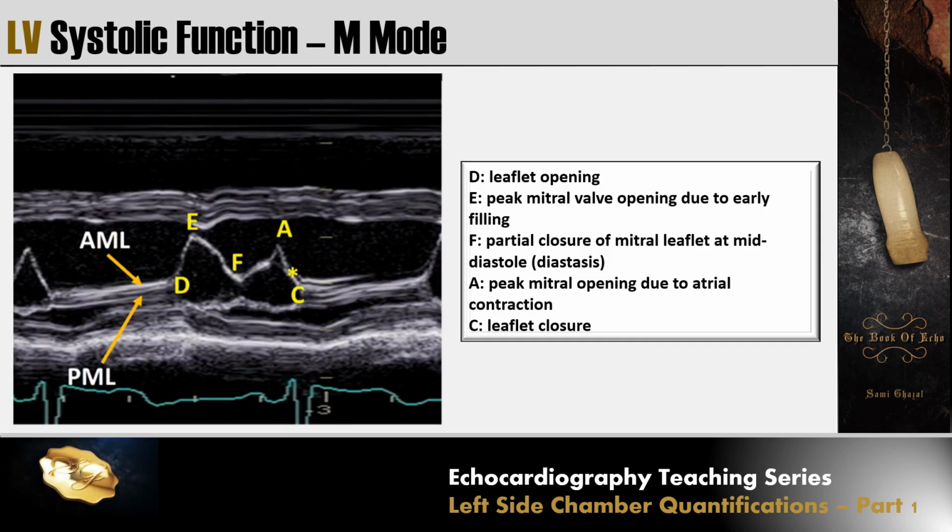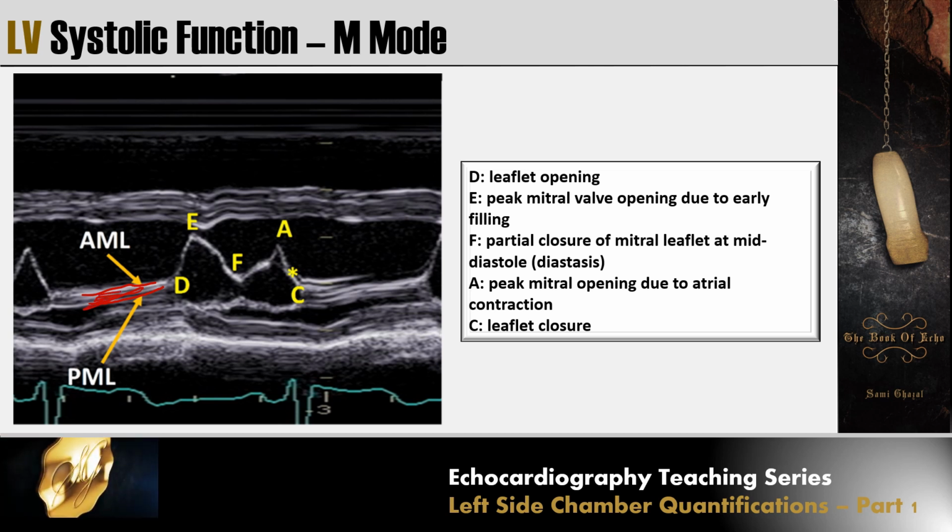Before proceeding to the next M mode clue, we have to understand the different mitral valve waves in M mode. This is an M mode of the mitral valve, and this line here represents the anterior mitral valve, and this is the posterior mitral valve, with time. Here the mitral valve is closed.